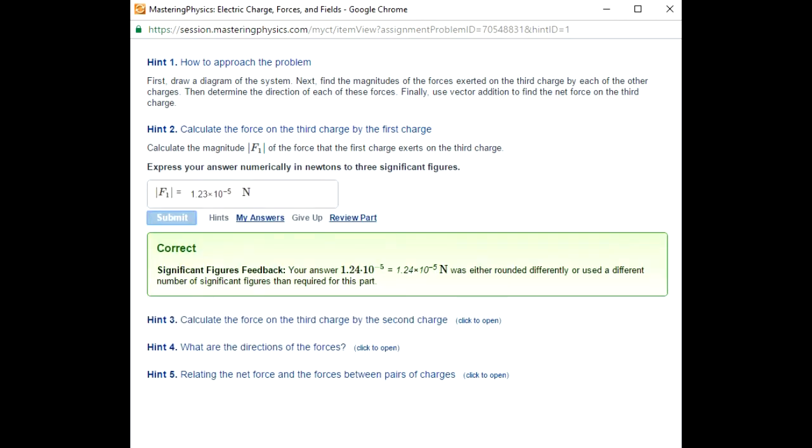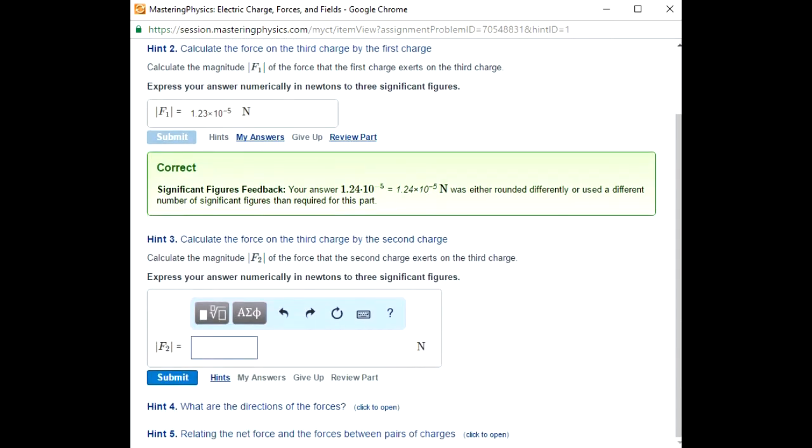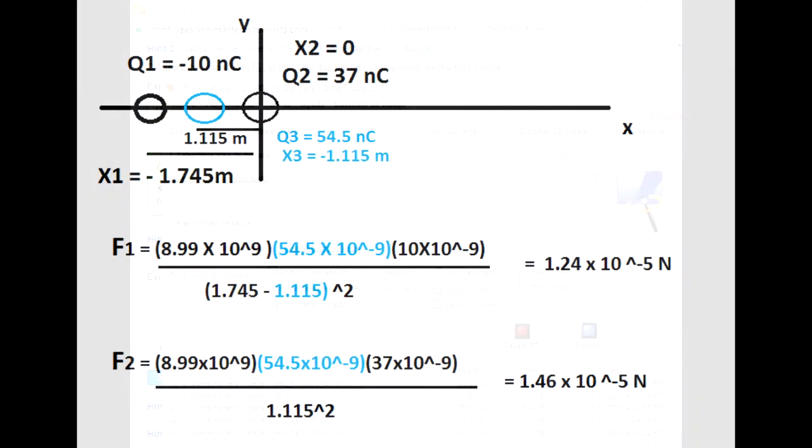Now for the other force, I have to do the same thing, but the only difference is that I don't have to subtract the distances because it's only from the origin to Q3. As you can see, for both of the cases, we are using the formula K multiplied by the absolute value of Q1, absolute value of Q2, divided by the distance squared. It's the same formula for both of the cases.